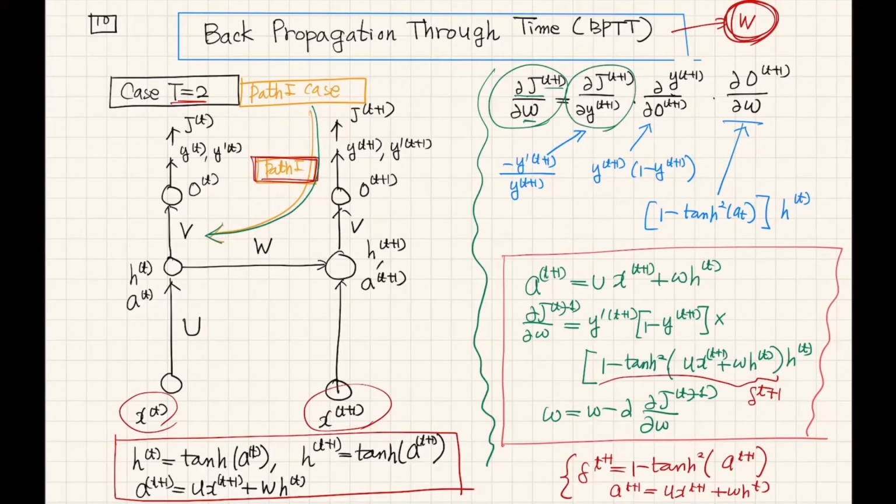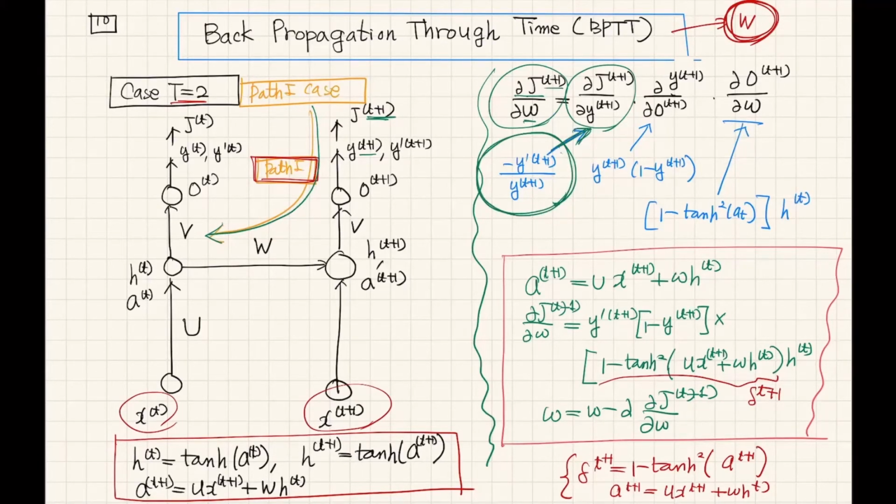The derivative of the cost function at t plus 1 with respect to yt plus 1. And in the previous slides, I showed you it is a cross-entropy cost function. We can obtain this function, so we plug this equation into this term.